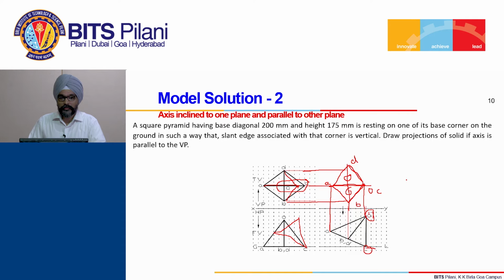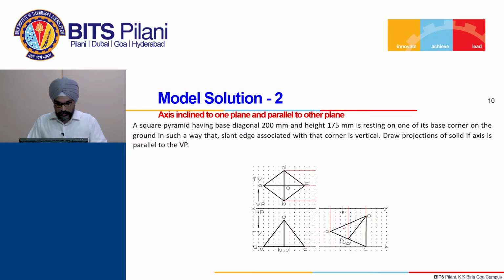Your solid is appearing something like this. Only two of the slant faces are now visible in this position. That is what I have drawn in the next position. You can see here, only the two faces are seen.